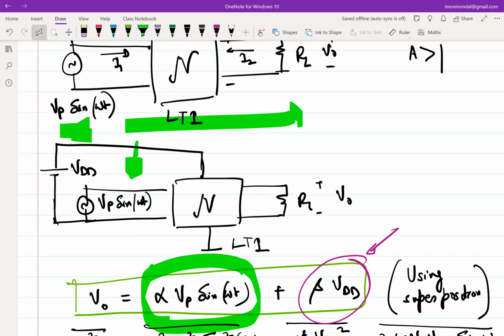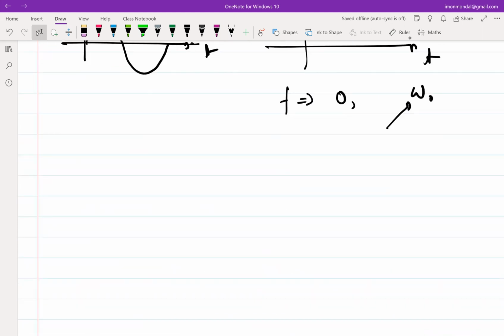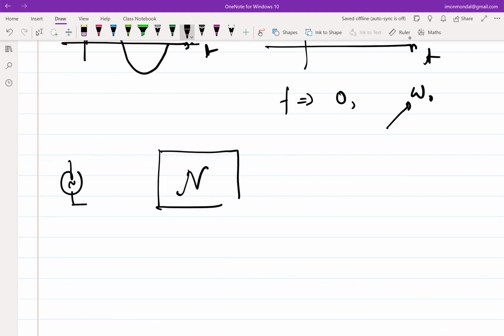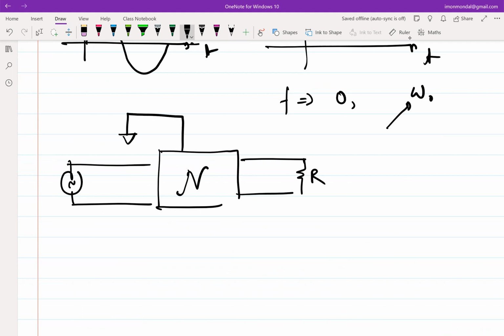Okay, so you are saying you are adding more energy to the system, but not at the frequency that you want. Let me expand on this again. So again, network N. How did we get that alpha times term? We had to desensitize the VDD, right?